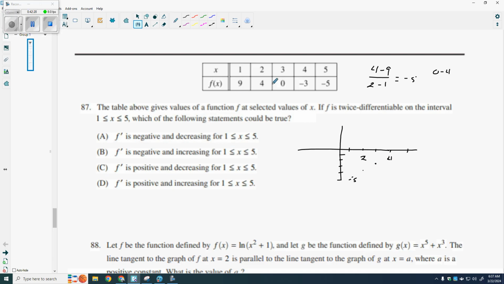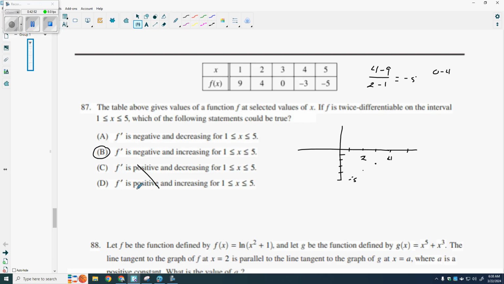They're all negative. It's decreasing. But it's decreasing at an increasing rate, which sounds kind of weird. My derivative is increasing. The derivative went from negative 5 to negative 4 to negative 3. It's increasing. My first derivative is negative and increasing.